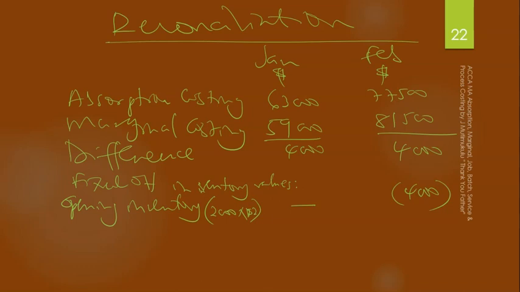Now, the closing inventory in January was the same 2,000 units, and this gave us the 4,000.